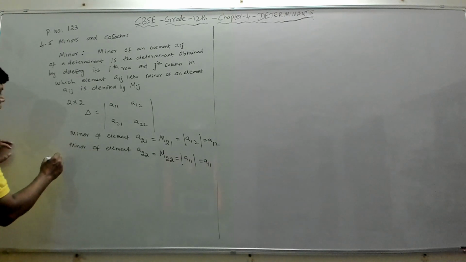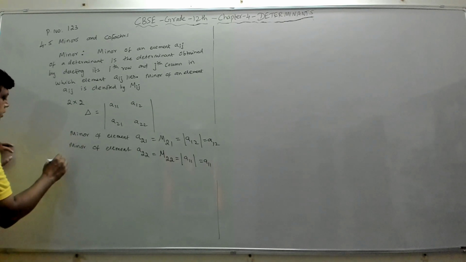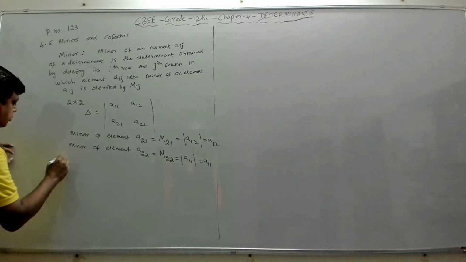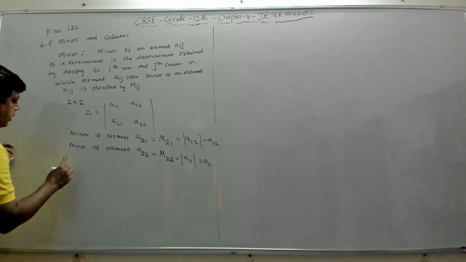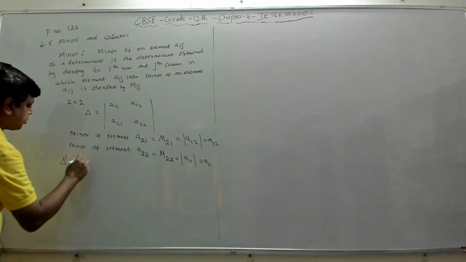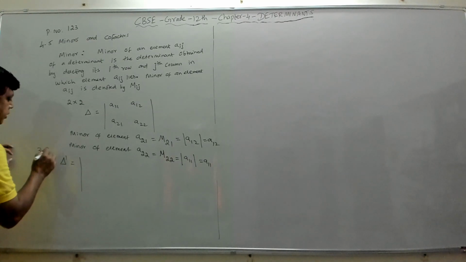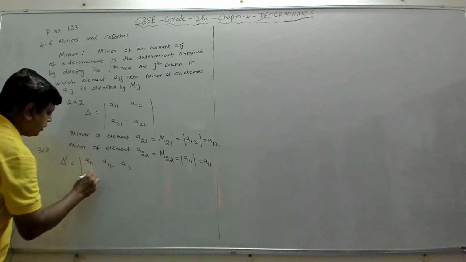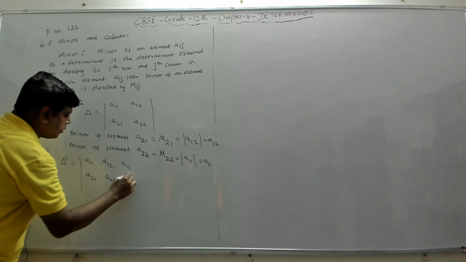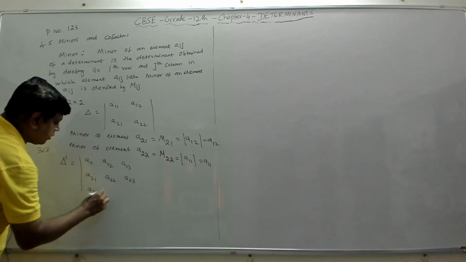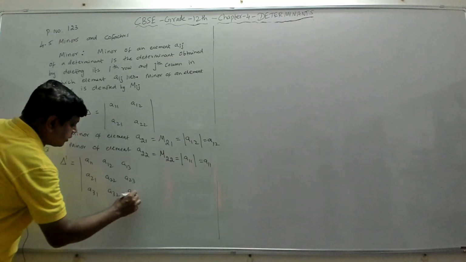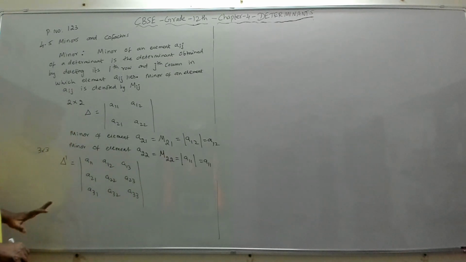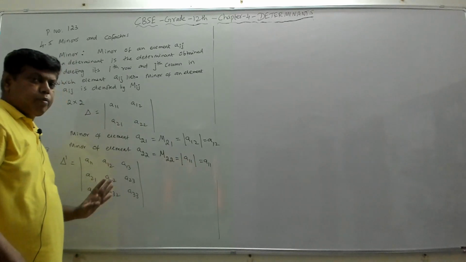Suppose you want to find the minor in a 3 cross 3 determinant. Let's call this delta dash, with A11, A12, A13, A21, A22, A23, A31, A32, A33: 3 rows and 3 columns.